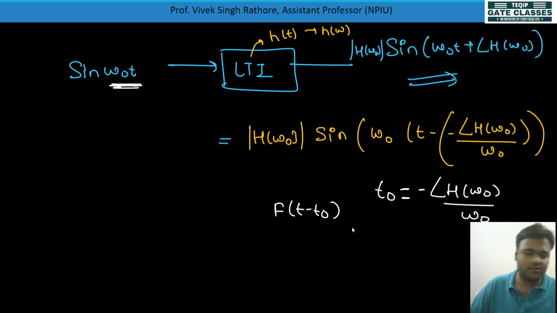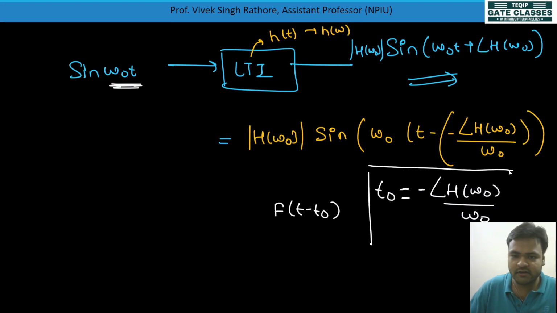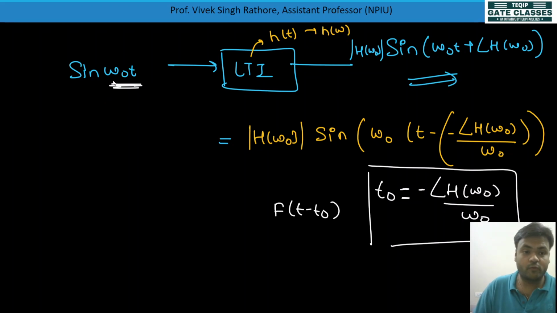So this is the delay. Sine of omega naught t should come, but t is delayed by minus phase of H of omega naught by omega naught. So ultimately the delay t naught is minus phase of H of omega naught by omega naught.